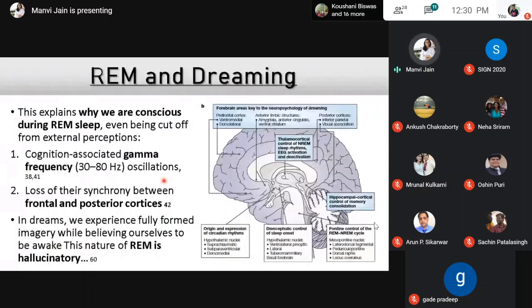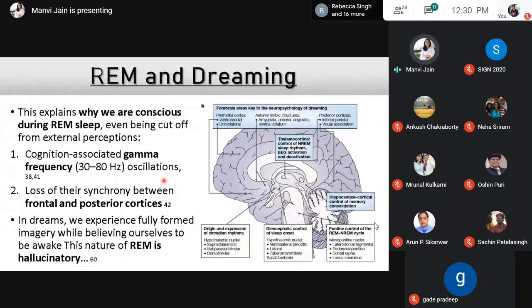So loss of synchrony between frontal and posterior cortices is also an important point. I want to focus on this because we relate REM sleep or dreaming to a lot of cognitive processes. Not only is dreaming a cognitive process, but many others are, like memory consolidation, one of the basic processes, and we also say that sleeping rejuvenates us.